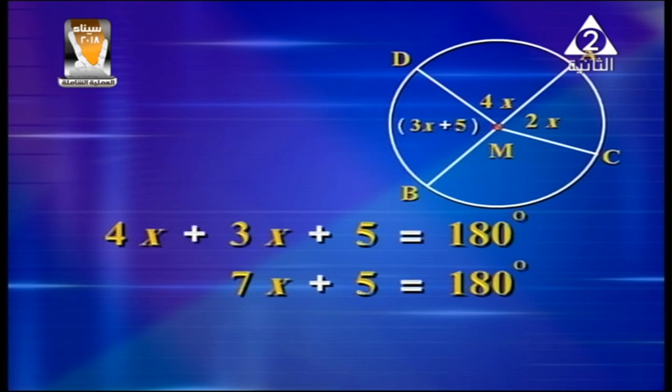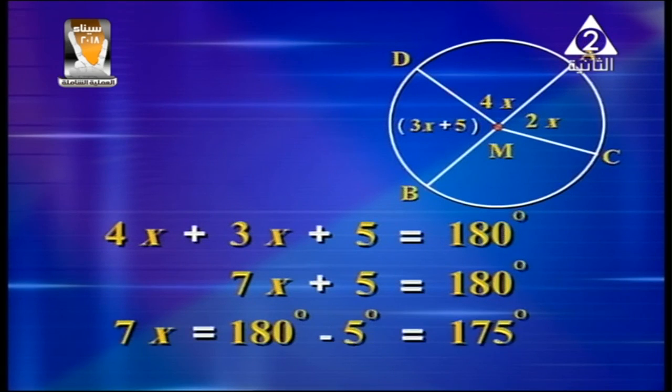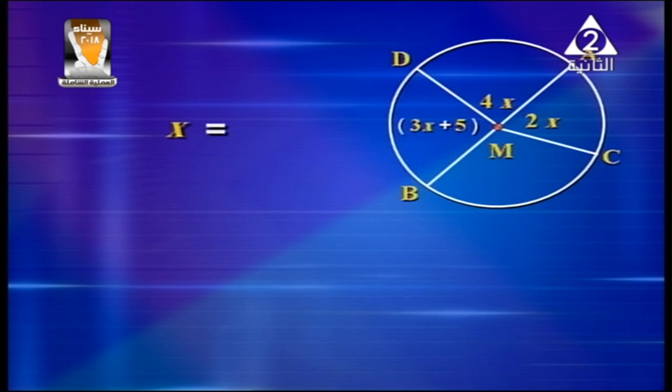And here we can say that 4x plus 3x plus 5 equals 180 degrees. So it is 7x plus 5 equals 180 degrees. Then 7x equals 180 minus 5 equals 175 degrees. To find the value of x, so x will be 175 divided by 7 to obtain a result as 25 degrees. This is the value of x.